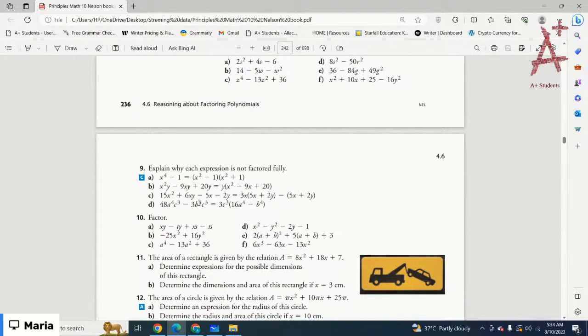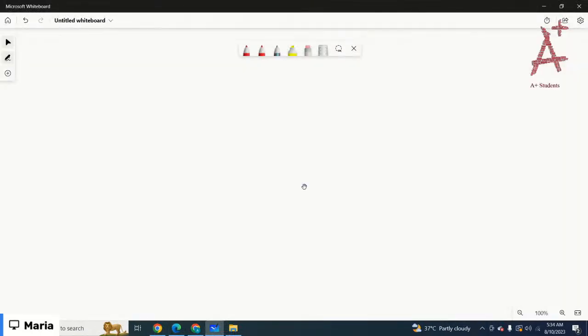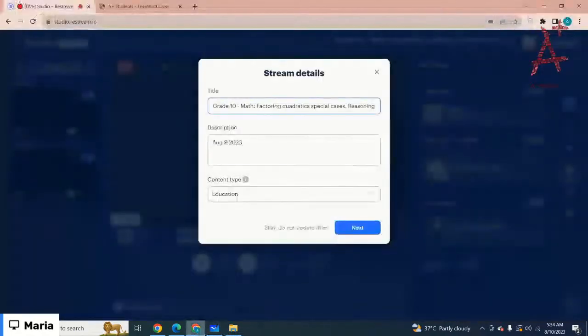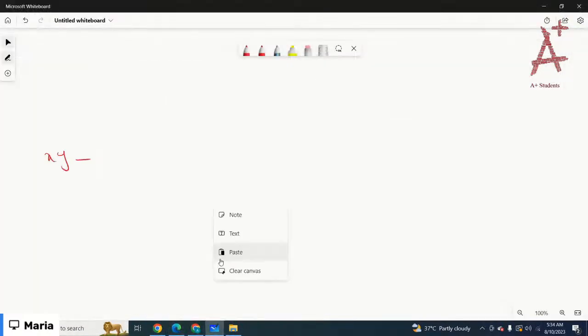Okay, let's start with question number 10. I think you have to make pairs here, then you can factor it. xy minus dy plus xs minus ds.